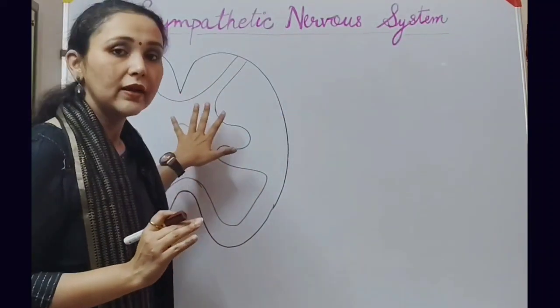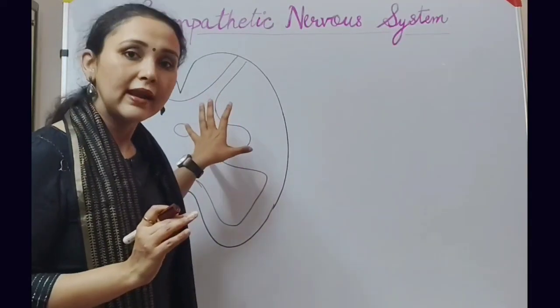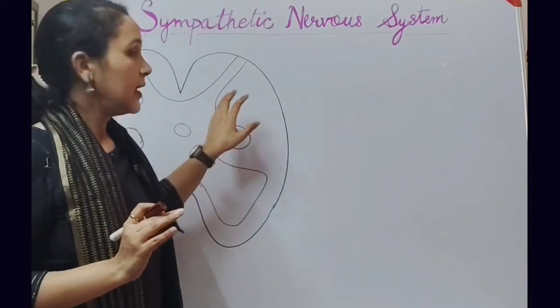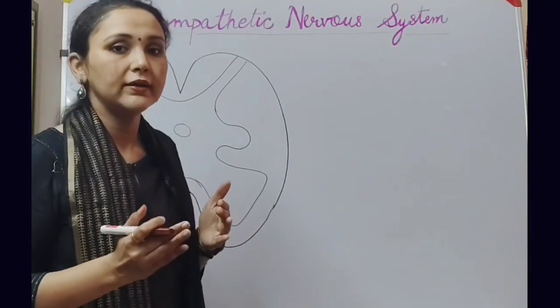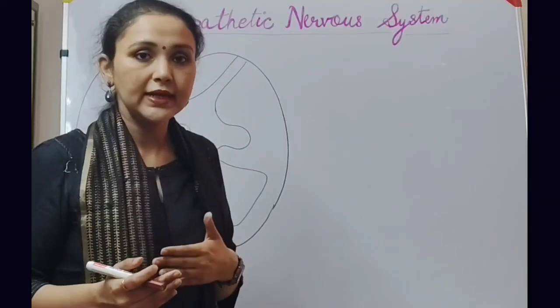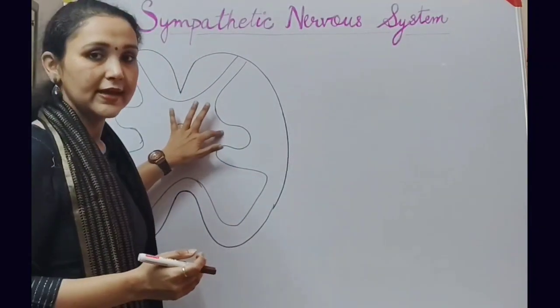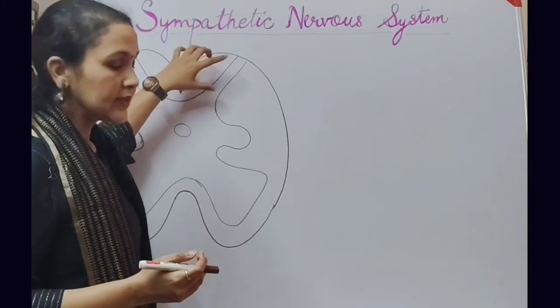So because it is gray horn, what is there in it? It has the cell bodies of all the neurons, and in the periphery, there is white matter. What does white matter have? It has all the nerve fibers, the axons, right? So we have the cell bodies here. This dorsal gray horn contains the sensory neurons.